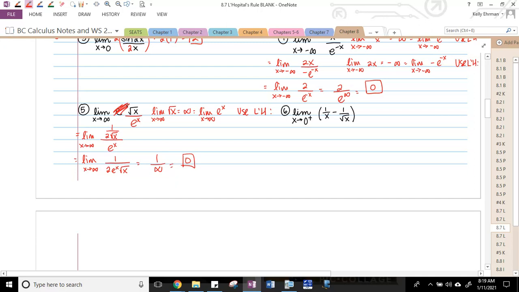All right, what about this one? This is sort of in a rational form, but it's best to have it as one single fraction. So if you have an x and a square root x up here, your common denominator, I guess it could be x or it could be square root x.